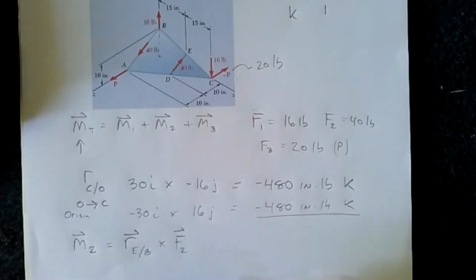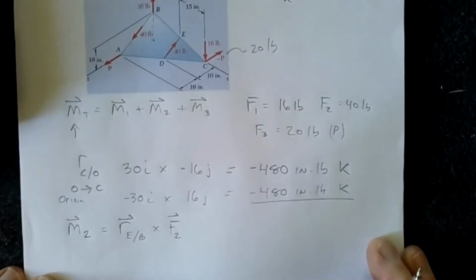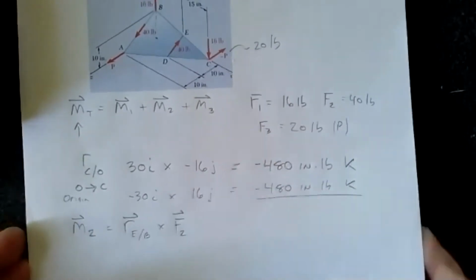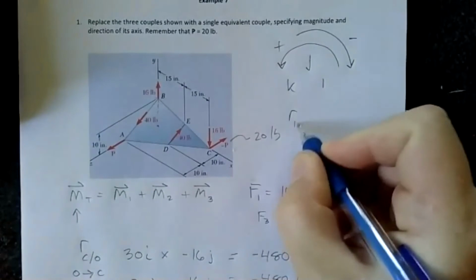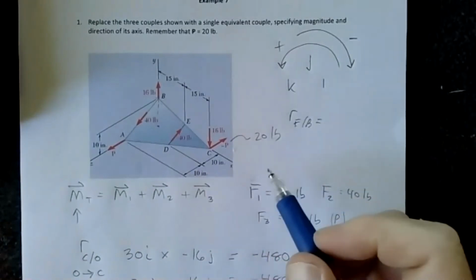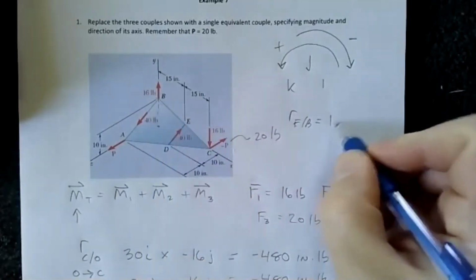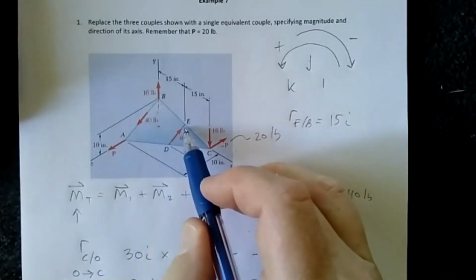And so that is going to be a vector because I'm going to give it a place. So if I go E relative to B, then let's write it up here again. Sorry, we're running out of space. So R E relative to B is equal to what? If we go from B to E, we go 15I, but we drop 5J.